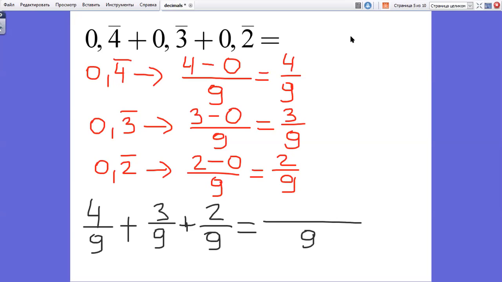After, I will add the top numbers, which are 4, 3, and 2. When you add these three numbers, you are going to have 9. And in the denominator, you also have 9. When you divide a number by itself, you will always have 1, and your result will be 1.